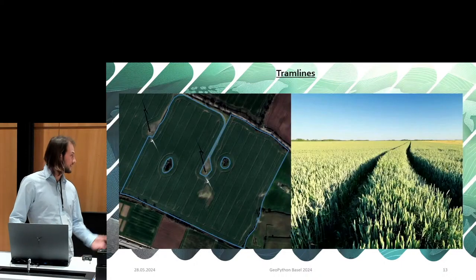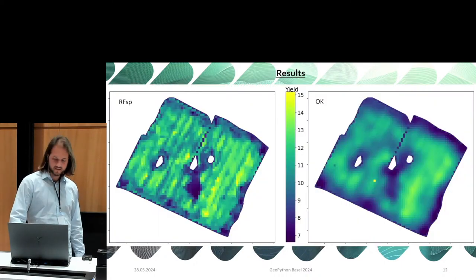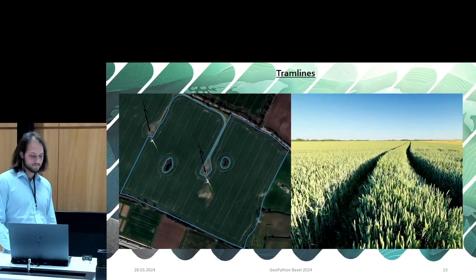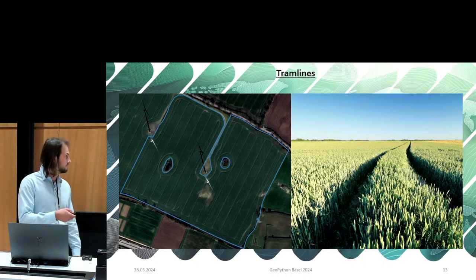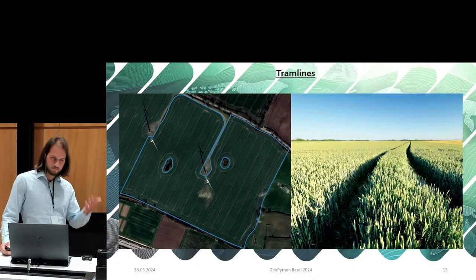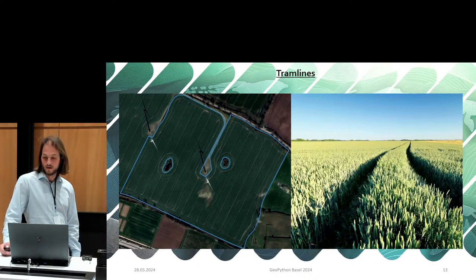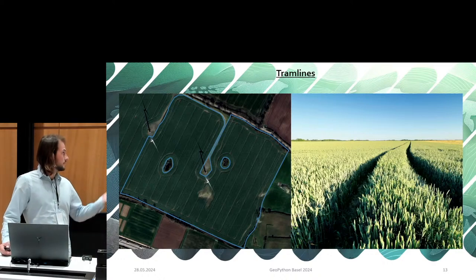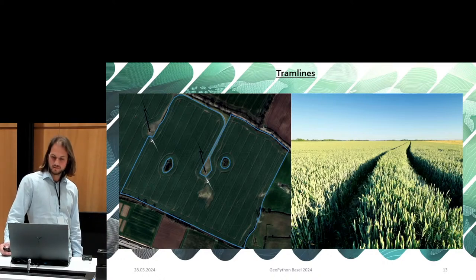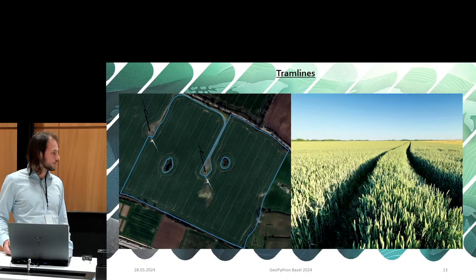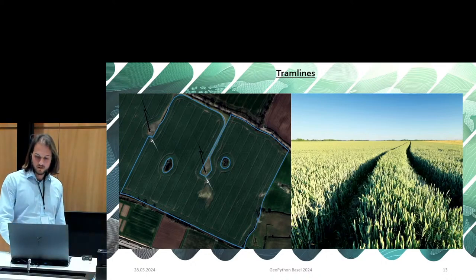Thanks to Sebastian, he looked at that and said, that's probably the tram lines. Tram lines are the paths where the tractor drives to apply fertilizer or pesticides over the year in the crop. And there is actually no crop growing there.